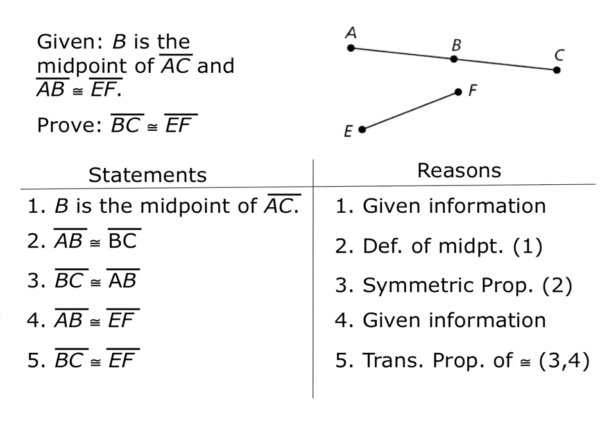And so the next line is using what Clark just said, we've got a midpoint, so what can we come up with? Well, if B is the midpoint, then segment BA and segment BC would be congruent. That's what we're saying at this line. So line 2, segment AB is congruent to segment BC because we know the meaning, we know the definition of what a midpoint is. I put a 1 there to help you know, look back at line 1 and think about the definition.